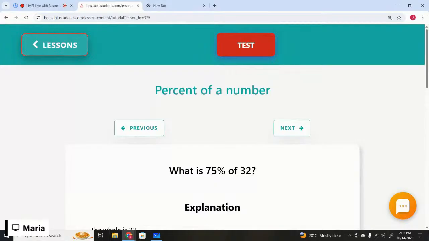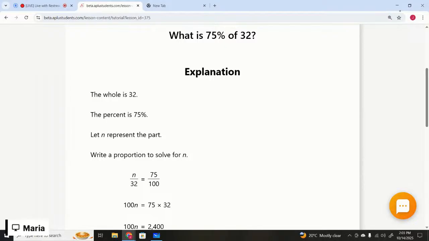What is 75% of 32? So 32 is a whole number. We need to calculate 75% of 32. That means we need to calculate the part of the whole number. Percentage is 75%, and n represents the part.